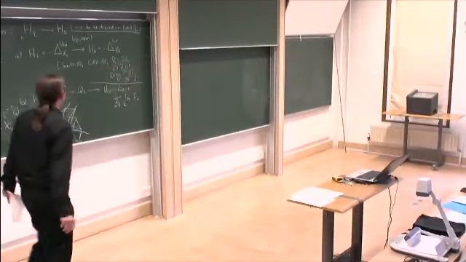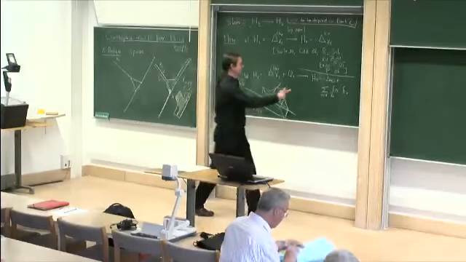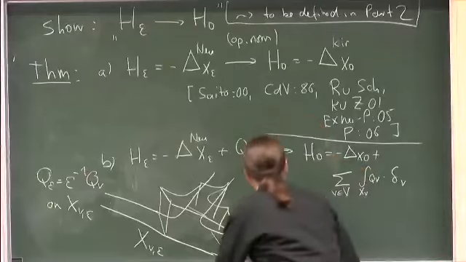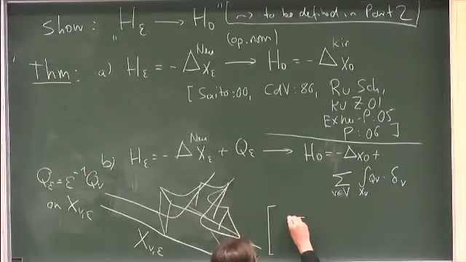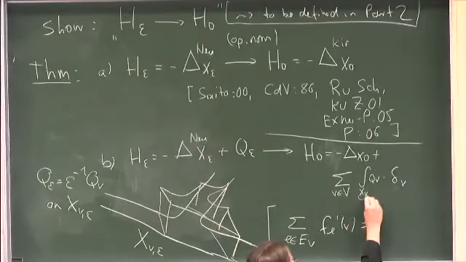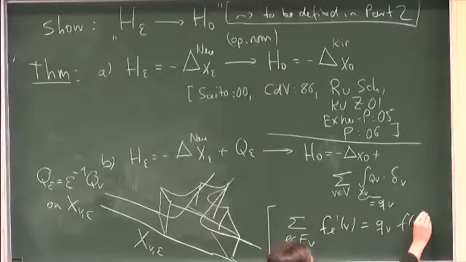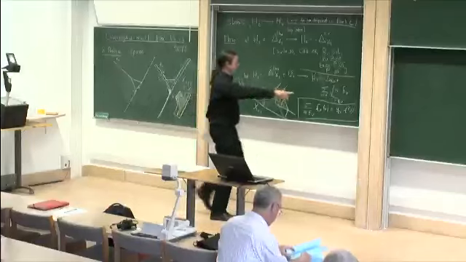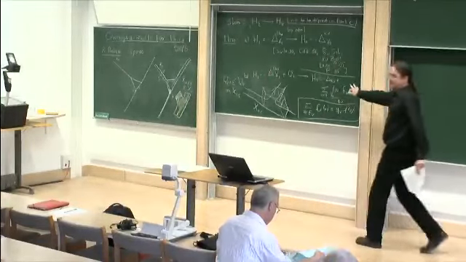Just to remind you, you have continuity of the functions, and the condition on the derivative is that you take the sum over all edges, and this equals small q_V times the value of the function. This is just a delta coupling. There might enter another constant here due to this normalization, but roughly this is it.